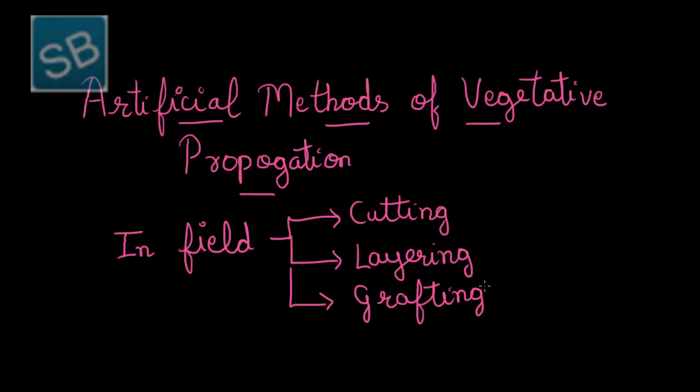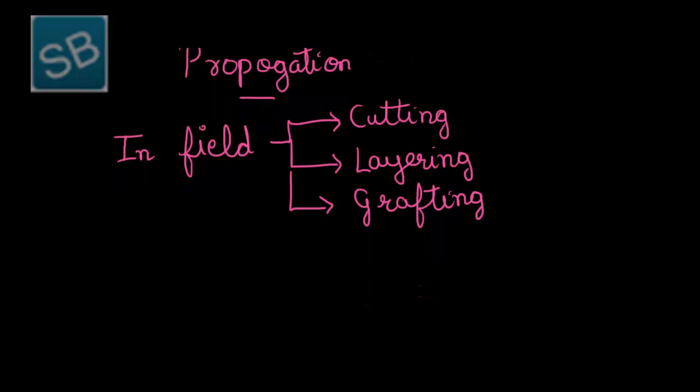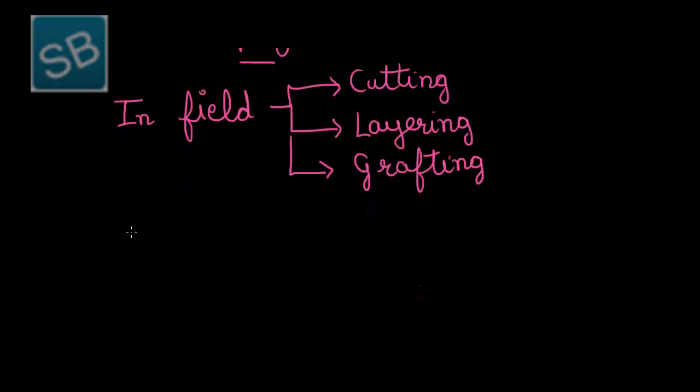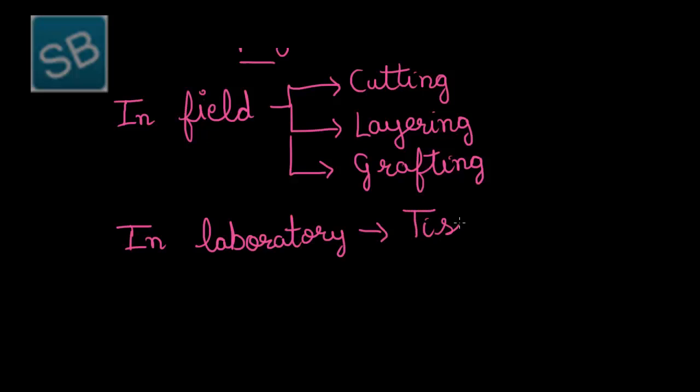This is in the farming field. However, with the help of the latest techniques, vegetative propagation can also be induced in the laboratory, and the method induced in the laboratory is called tissue culture. But here our main focus will be on these three methods that are used in the farming field.